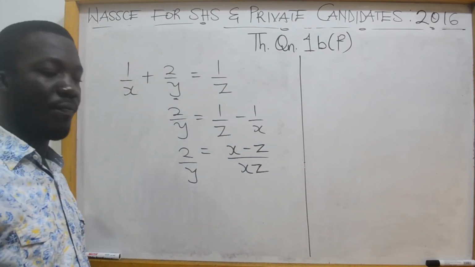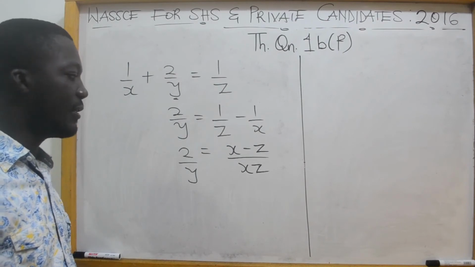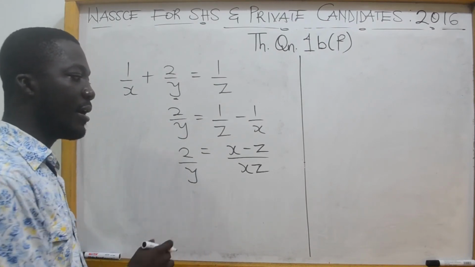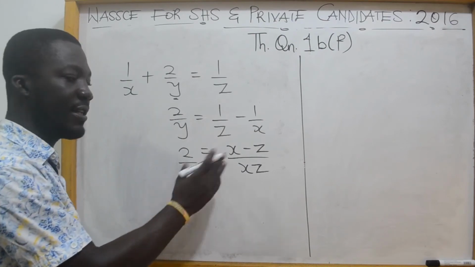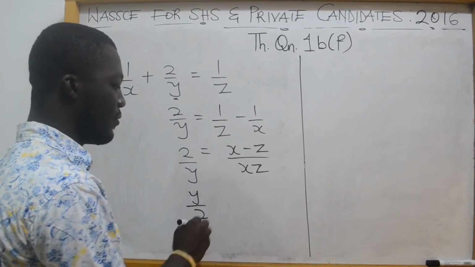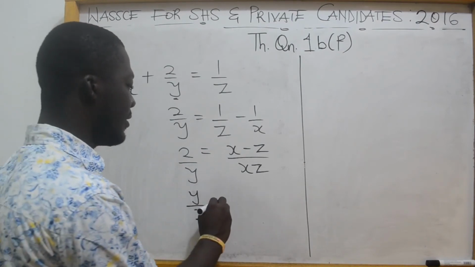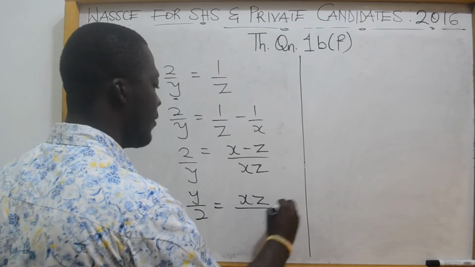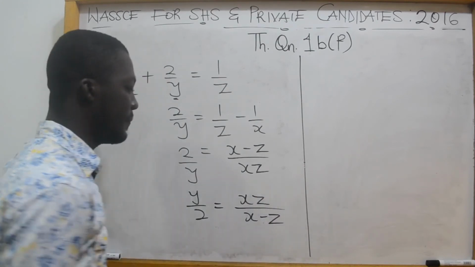We want to make y the subject. So we can apply some sort of reciprocal rule to the left hand side and the right hand side. So we can get y over 2, we have turned it upside down, is equal to, then we also turn this upside down, xz over x minus z.